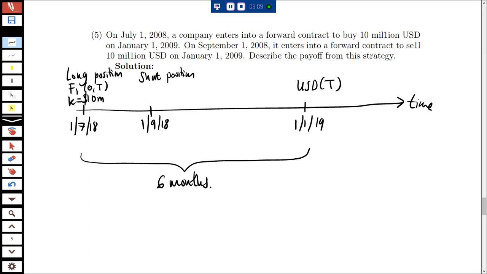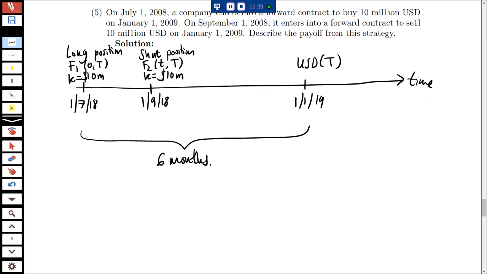And we're looking to sell 10 million. So I'll call this contract 2, and this is from T, little t to big T, and the strike is the same as the first contract, 10 million.